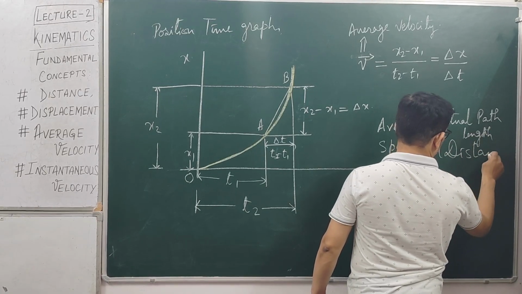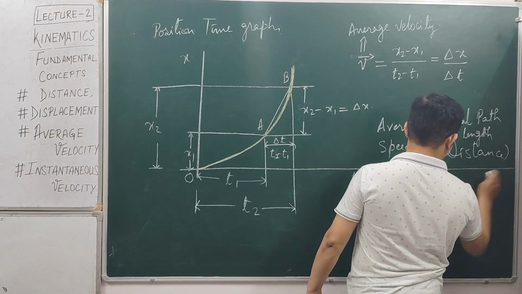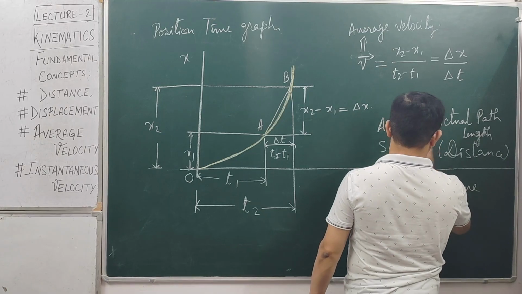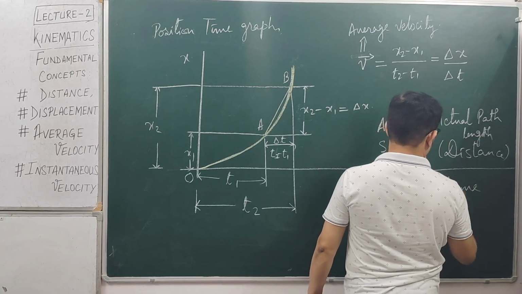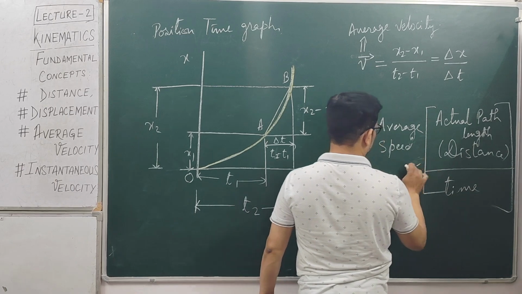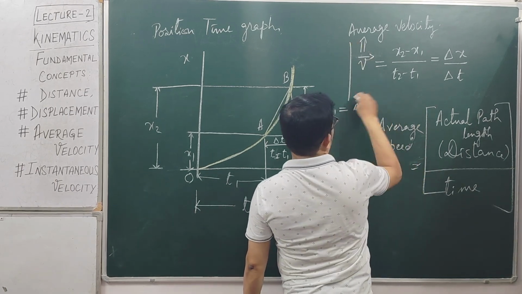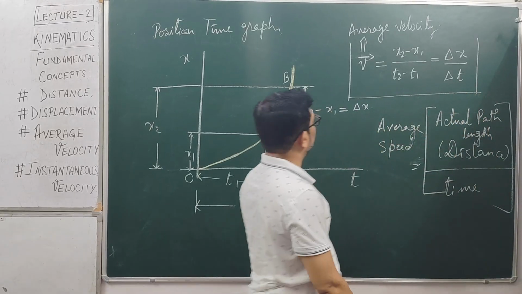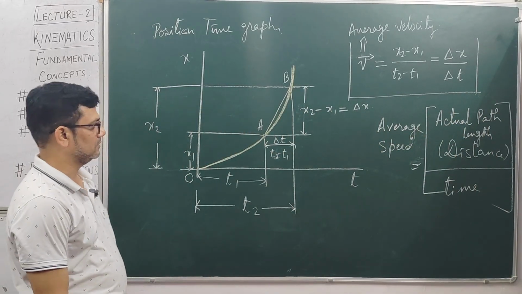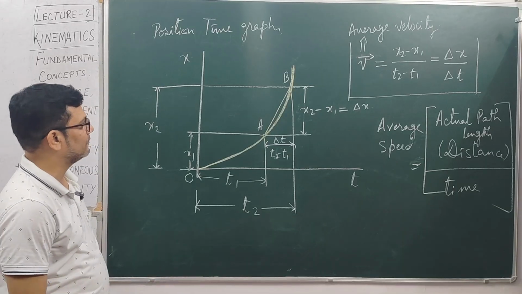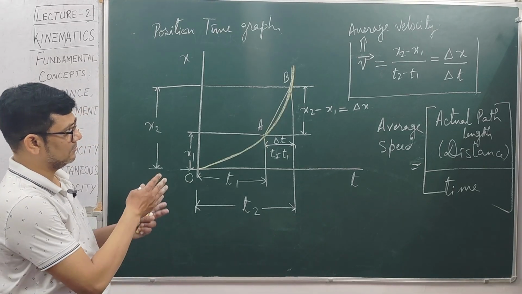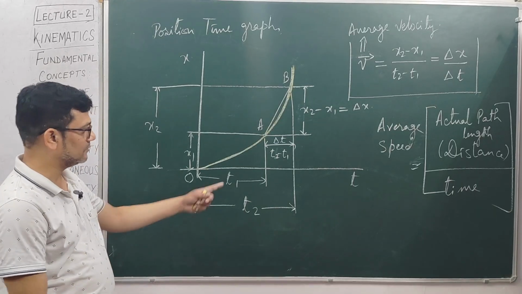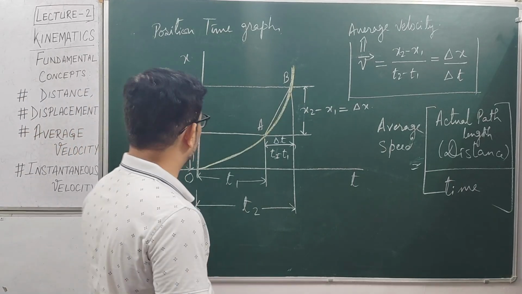So distance over the time interval, this is what is average speed, and this by definition we have a quantity, very important quantity, average velocity. So take down these small bit of understanding on how we relate the positions and how we get the formula. So take down these two equations.